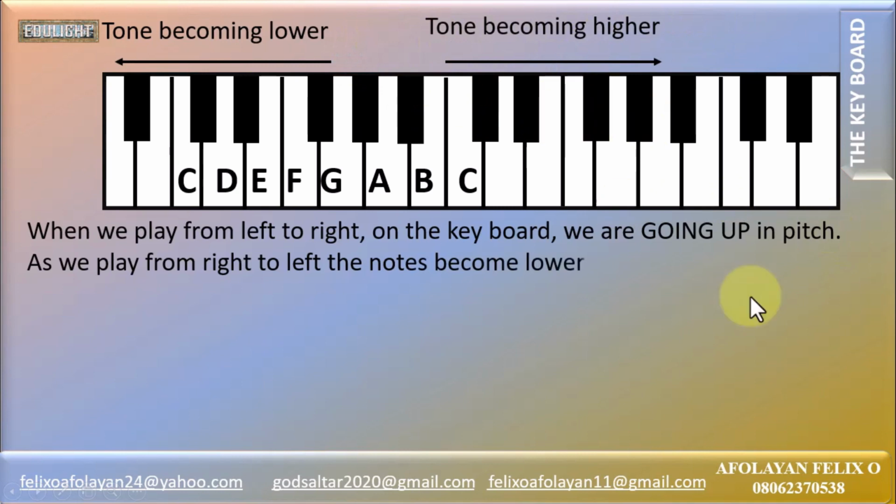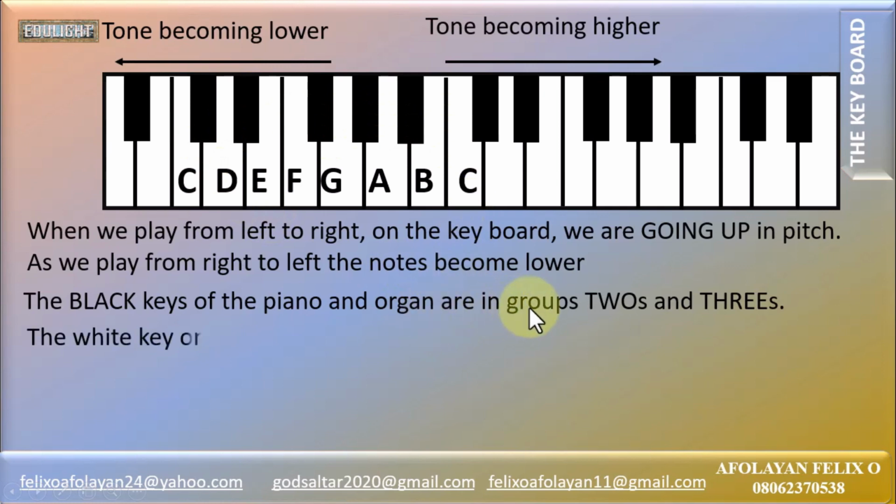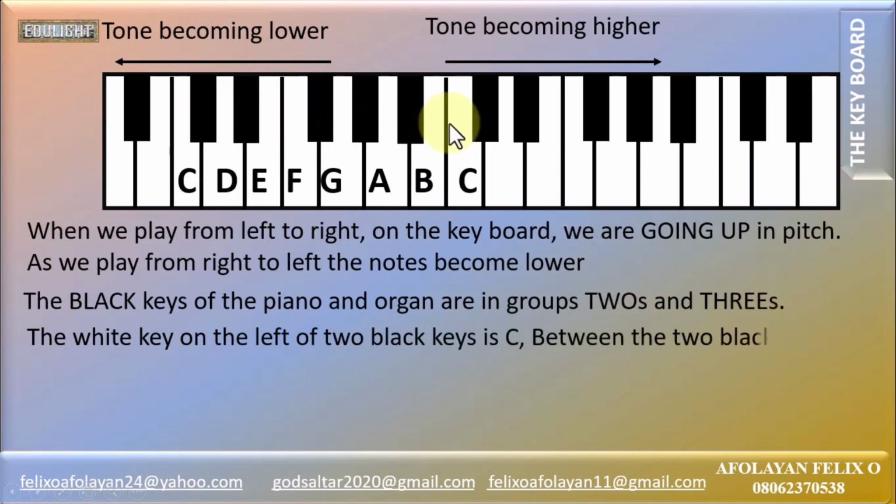As we play from right to left, the note becomes low, as you can see here. The black keys of the piano and organ are in groups of two and three.